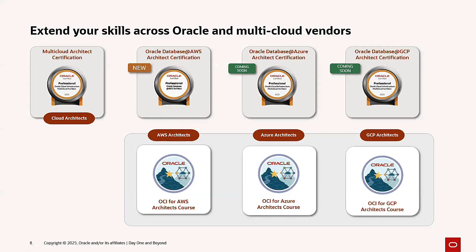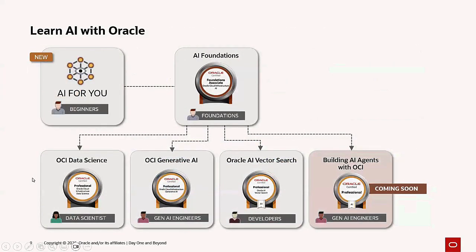Now, regarding AI, we also have a learning path for you. As I mentioned, we do offer foundations level training. That's a certification course. But if you don't want to pursue a certification, we have a beginner's AI course for you, basically where we introduce all the AI concepts.